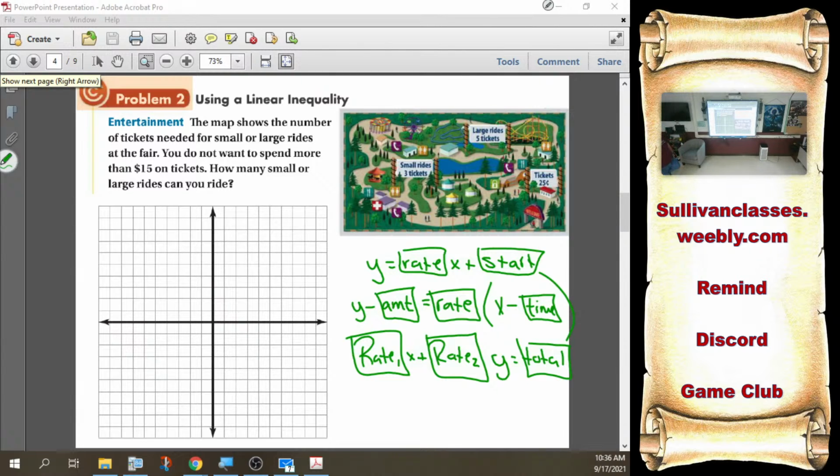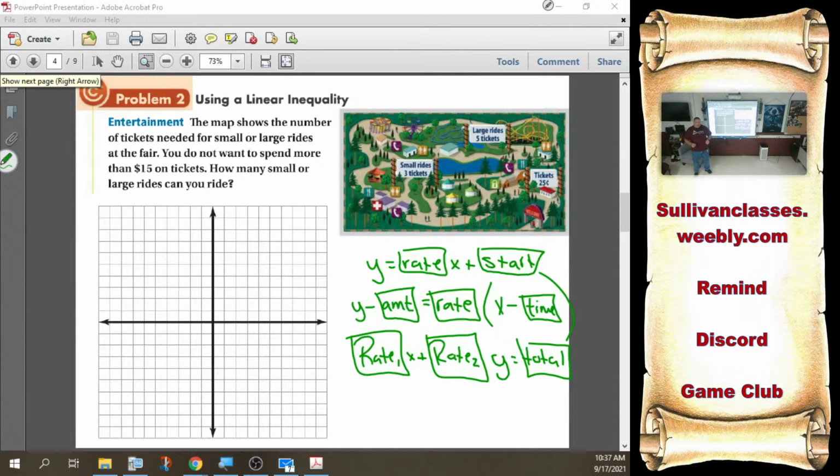I got to look back at this and determine which bit of information did they give me. Did they ever give me a starting amount? You start with this and then it goes so much per day or so much per ride. Did they say it's so much per ride? When I did 5 rides, it cost this much?